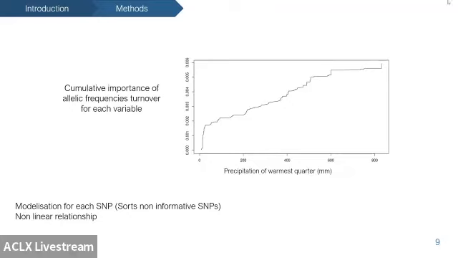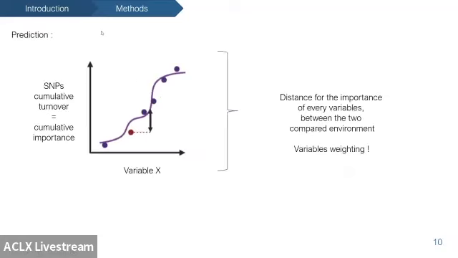And so these turnover curves are what is used to compute the genomic offset, simply by computing the y-axis difference I was telling you about before for each of these variables, so each of the turnover curves. And then we sum up all of those y-axis differences by weighting them with the importance of the variable, and you can obtain a global genomic offset.